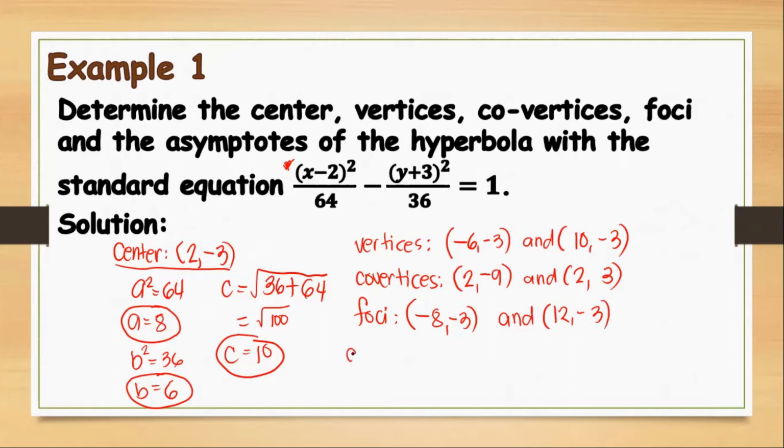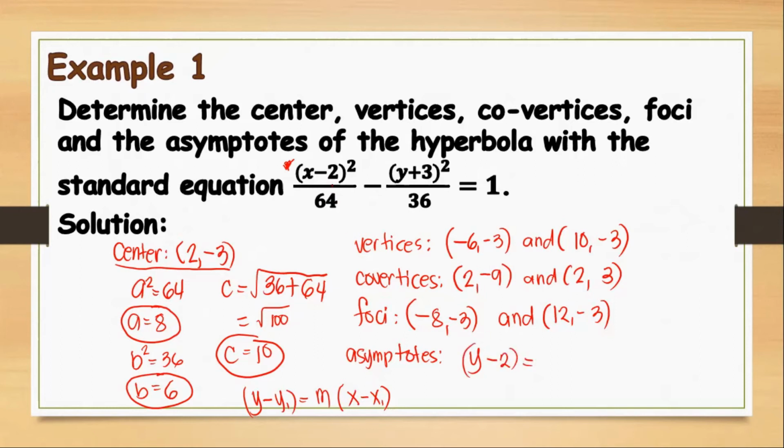And for our asymptote, take note that when we are making an equation, our equation will be y minus y sub 1 equals slope, so that's m. You will solve for m, then multiply by x minus x sub 1. So let's apply that in finding the equation of the asymptote.